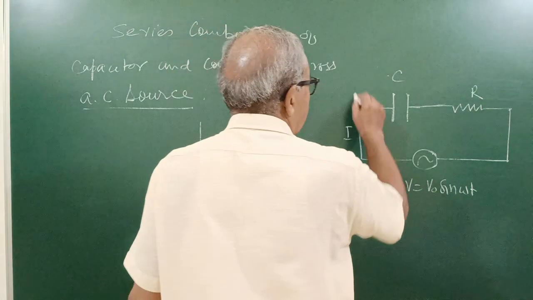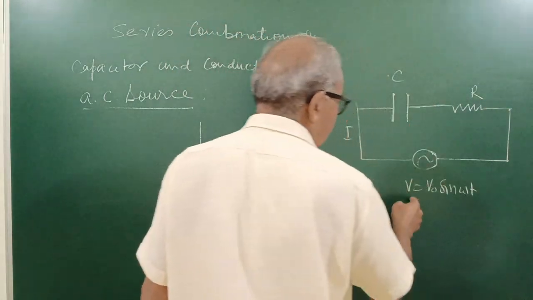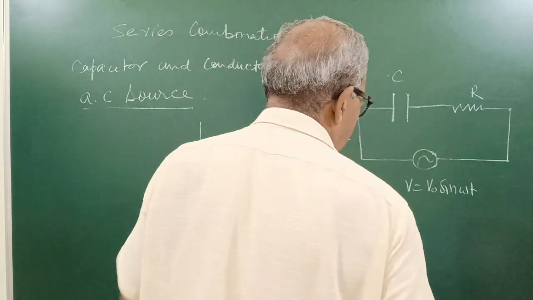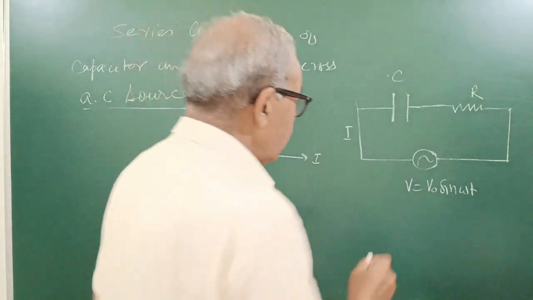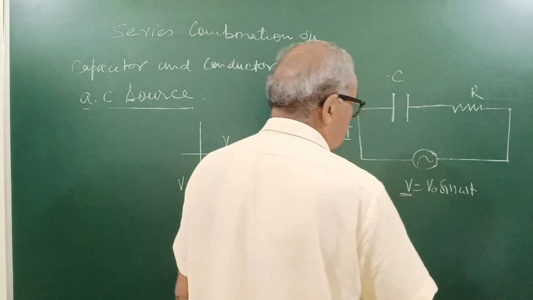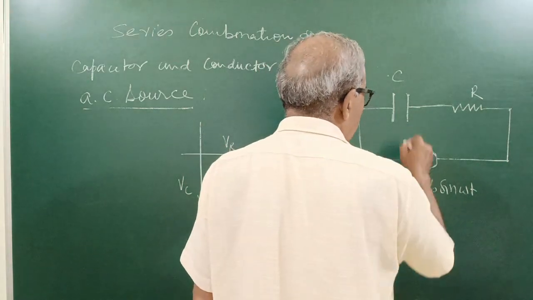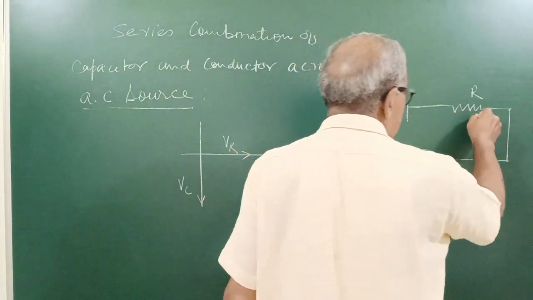If we connect here a voltmeter, it reads the RMS value of the source. I am telling you again that this V is the instantaneous value and it is the sum of the instantaneous values across this and this.